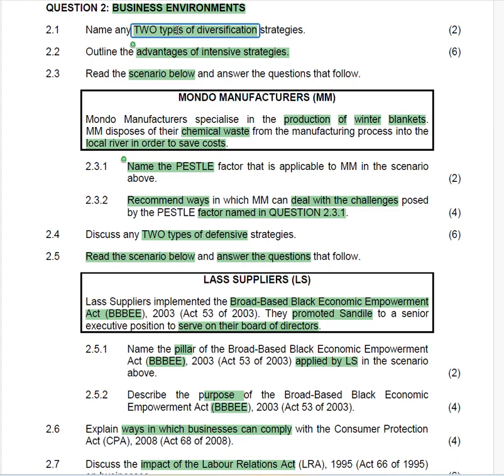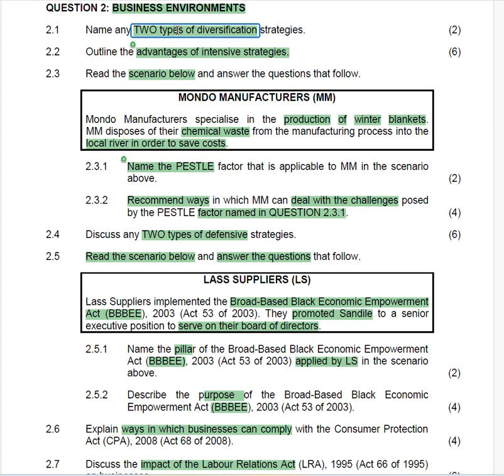The first one is ownership, then management control, skills development, enterprise and supply development, socio-economic development, employment equity, and preferential procurement. These pillars aim to foster economic transformation by promoting Black participation in all aspects of the economy.